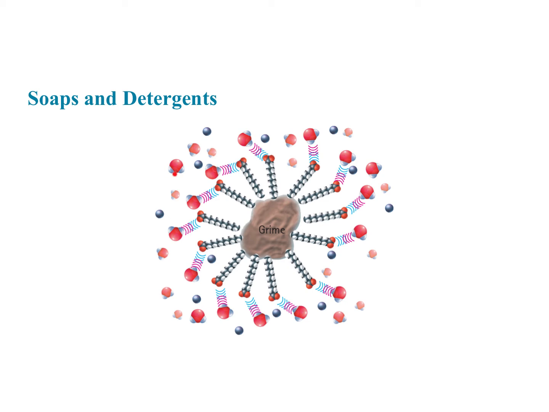So you can see this guy here, he's a water molecule, and here is the soap, and here's a water molecule. There is an attraction between the water molecule and the soap molecule. The other end of the soap molecule is attached to the grime. You have many soap molecules and water molecules that are able to grab a hold of the grime and pull it off like we talked about in the last slide.